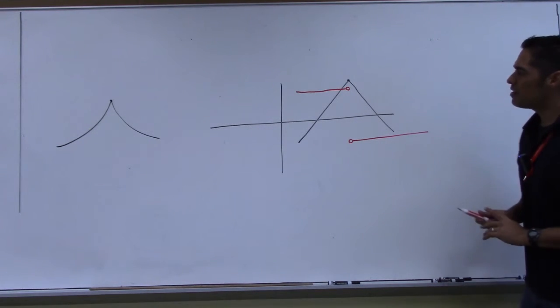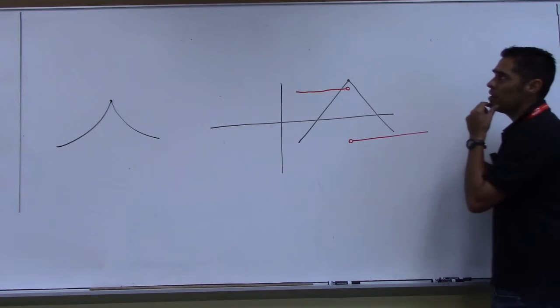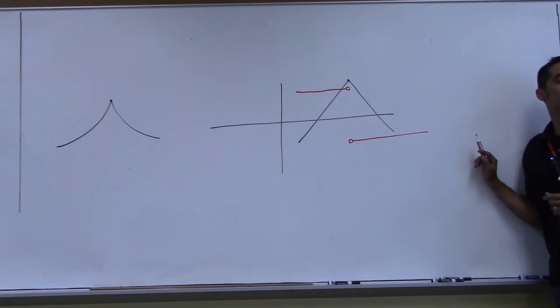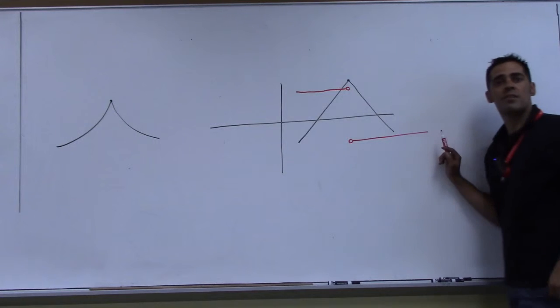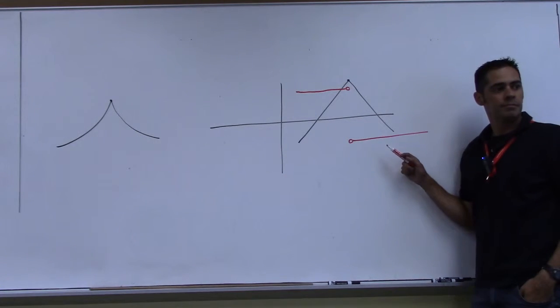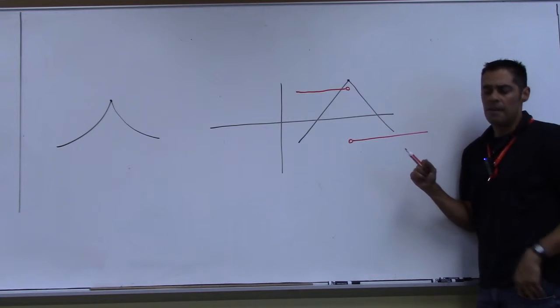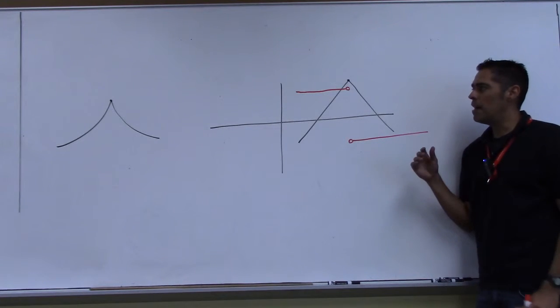So this is actually a pretty interesting result. Is this black function continuous? Yes, it's continuous. But the derivative does not exist at a single point. There's a point at which the derivative doesn't exist. And this was a big problem for mathematicians.